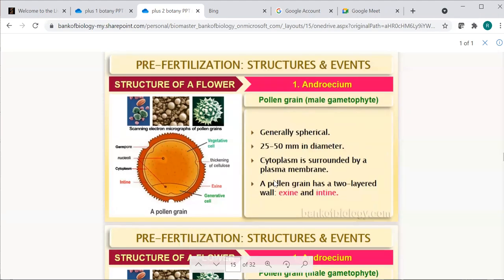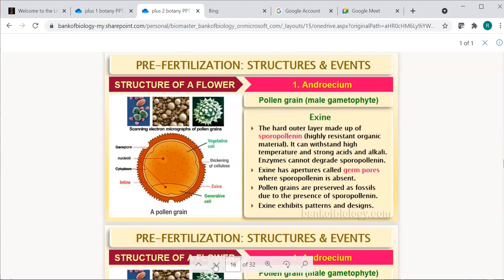So a pollen grain has a two-layered wall: exine, which is the outermost layer, and intine, which is the innermost layer. The outermost layer is made up of sporopollenin, and sporopollenin is released by the tapetum. Remember, tapetum is the innermost covering.